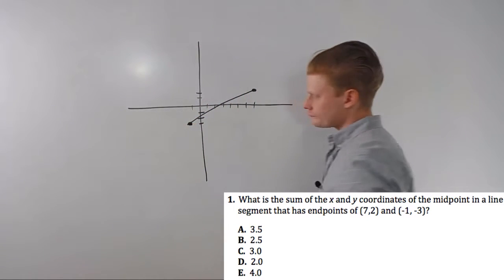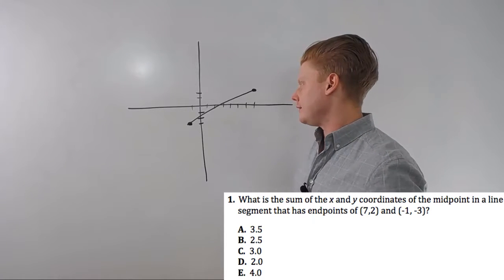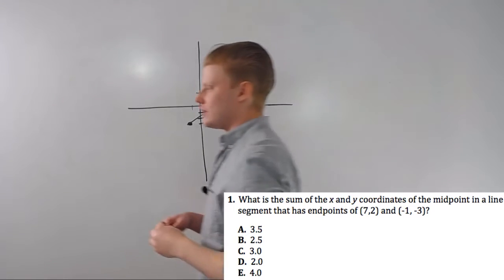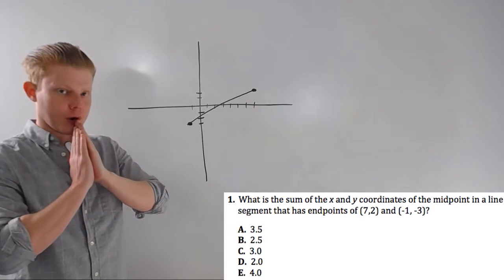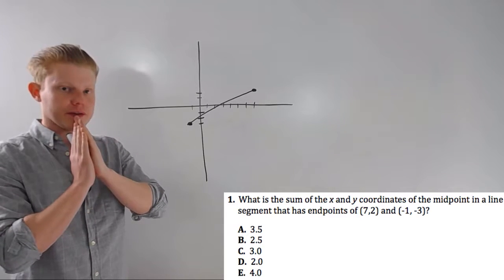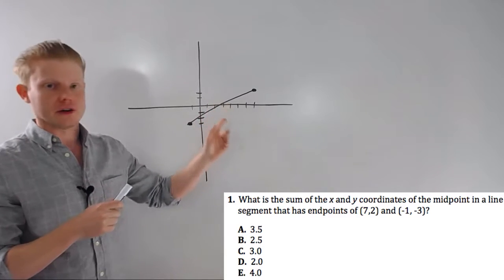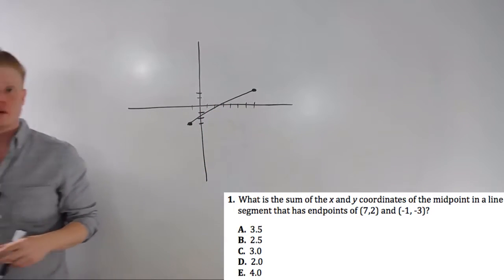Okay. Now, do I know what my midpoint is? No. Now, if the answer choices were formatted such that they actually gave me coordinate points as opposed to sums, then this would be more useful, because then I could say, well, it's kind of around here-ish, so anything that's way out of left field is going to be out.